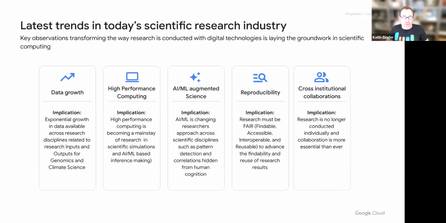So let's chat about what we've observed as far as the latest trends within the scientific research industry. As we talk to customers, we tend to see these 5 themes arise in some shape or form, right? The first theme being data.